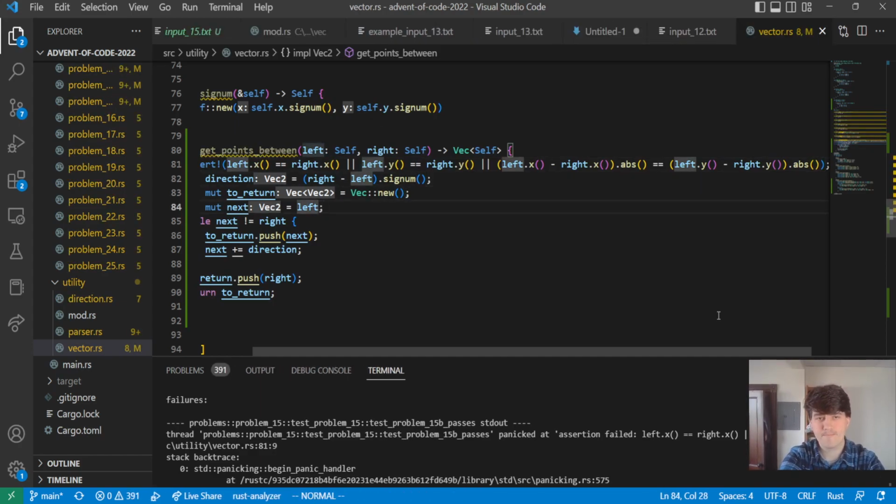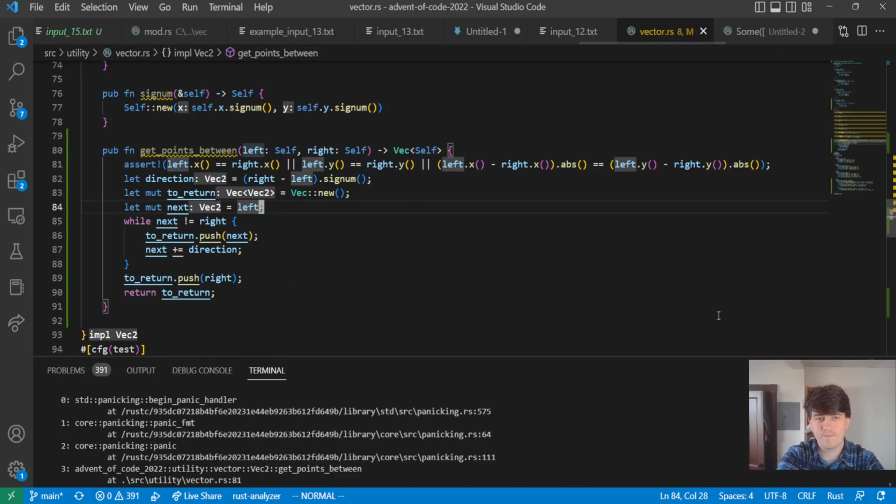Okay. So now it's not going to assert, but it's also not quite going to work. Well, maybe it is going to work, because the signum is going to be like 1, 1, or 1, 0, or like negative 1, 1, and so on, right? This should work, I think.